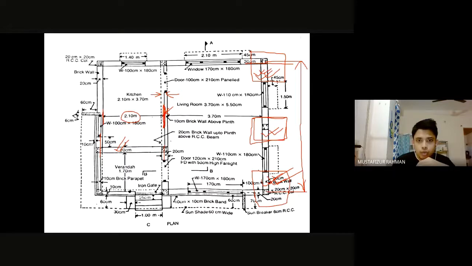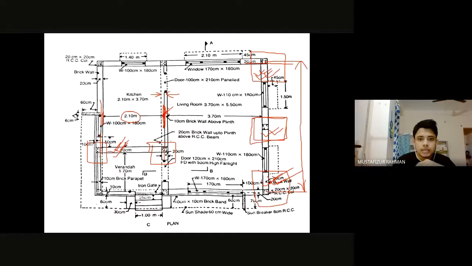So 2.10 is starting from the center on this side, on the right hand side, and on the left hand side we have to add half of the thickness of the brick wall. So 2.10 meter plus half of 0.2 meter makes it 2.2 meter. So for 2.2 meter we have to do excavation, but already for this column we have excavated some portion, and for this column we have excavated another portion.